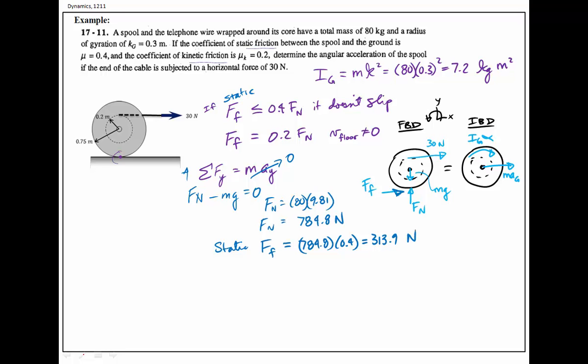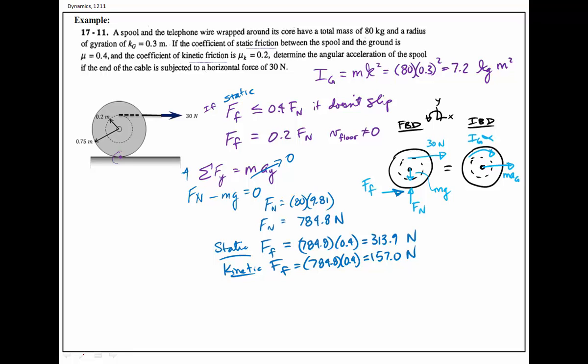That's not necessarily going to be the friction force. Now, the kinetic friction is going to be equal to 784.8 times 0.4, which comes out to 157.0 newtons. Now that will be the friction force if it slips.